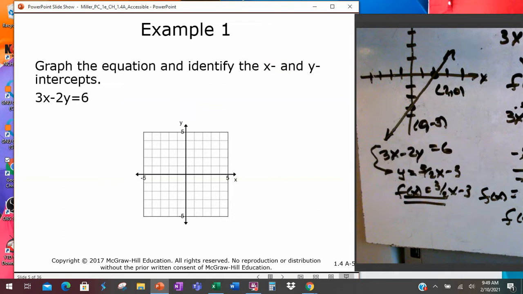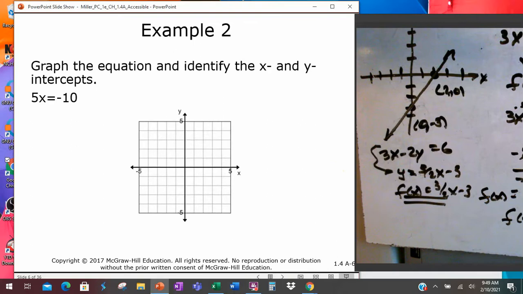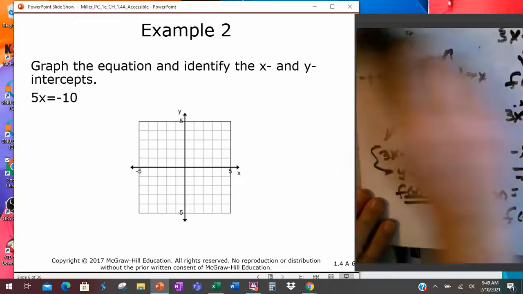Okay, so let's move on. It's going to go back through. So here 5x is equal to negative 10.